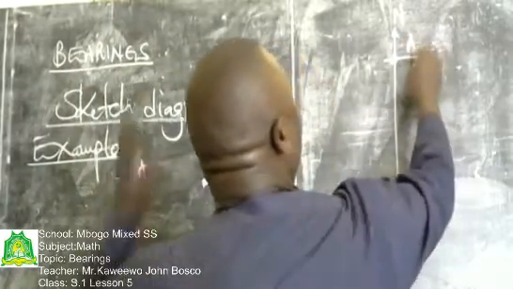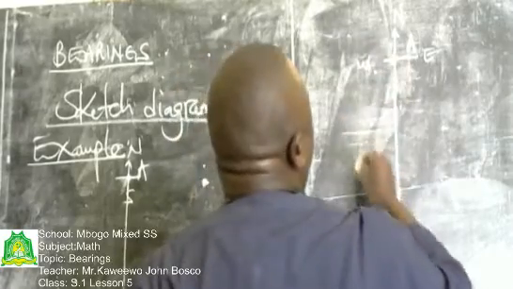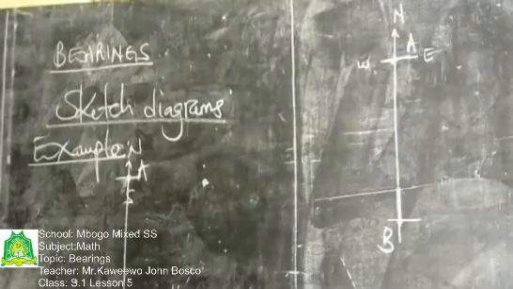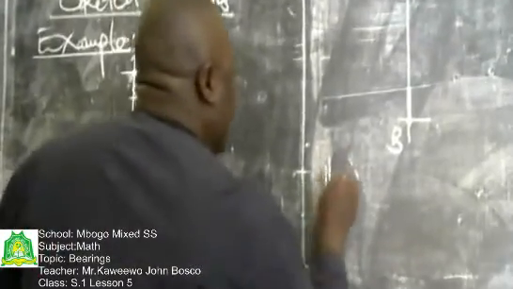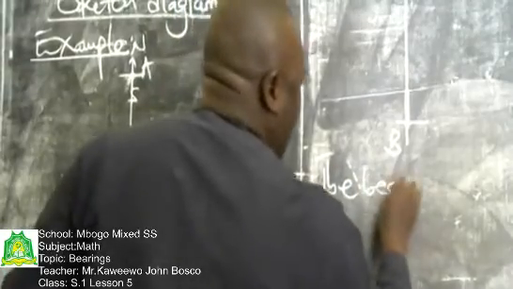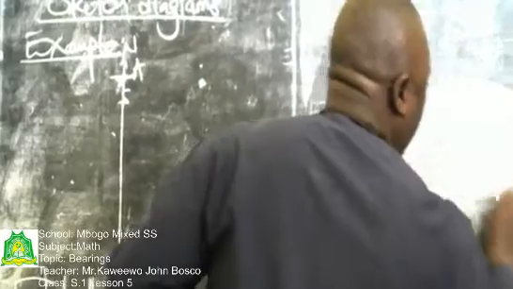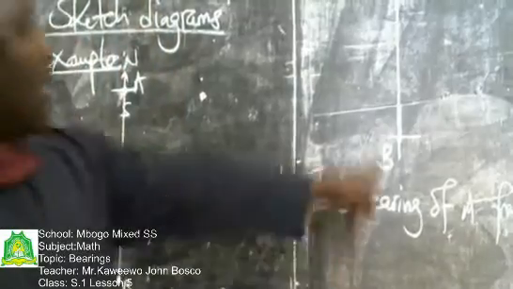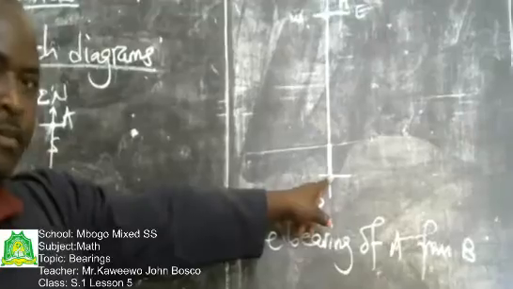North, this is east, west, then south. If I talk about A from B, if they say A from B, the angle will be measured from point B.